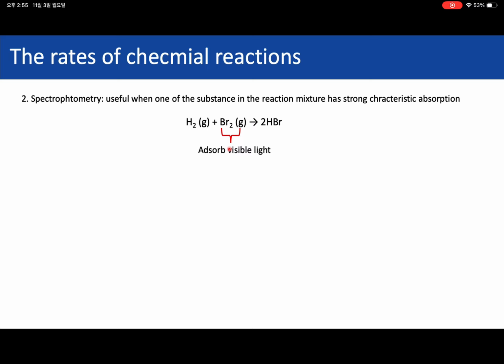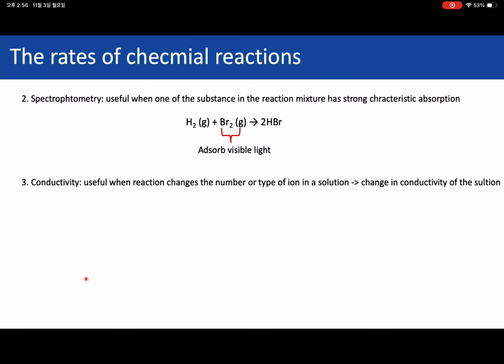So by measuring the intensity of the light passing through this chemical reaction, we can estimate the concentration of the bromine gas during the reaction. Ultimately, we can trace the molar concentration of all the reactants and the products.